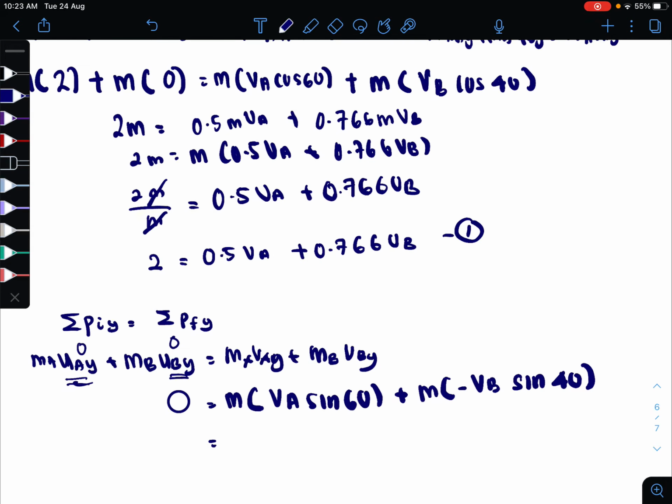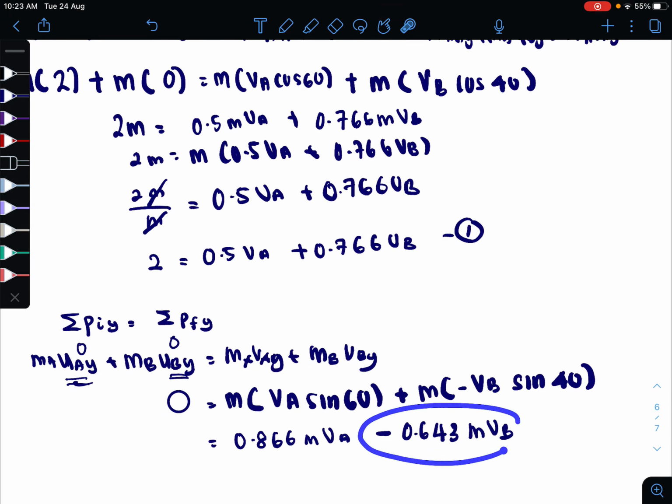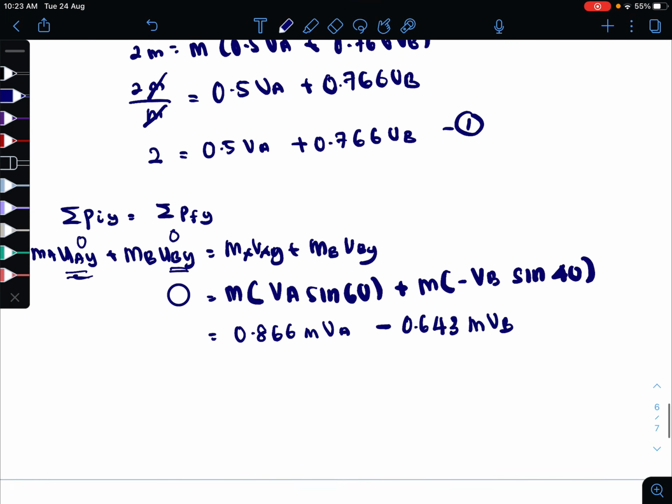Boleh tekan calculator. Sin 60 you get 0.866 M VA minus dengan sin 40 tekan calculator. You get 0.643 M VB. So what I'm going to do now here is I'm going to bring this one to the left here. Sebab dekat kiri adalah kosong saja.